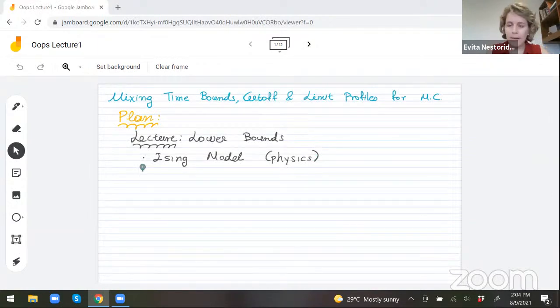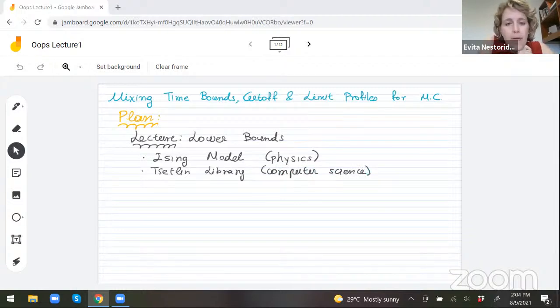It's used to study magnets. And then the second one will be the Zetlin library, which is a specific card shuffle that is very popular in computer science. Then this is lecture 1.